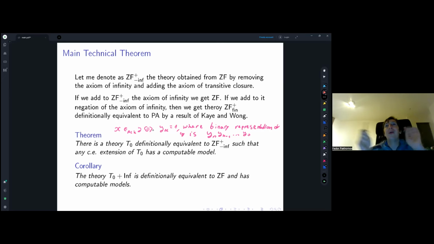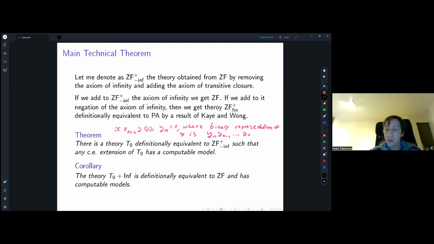But I don't know if one could replace it with some complexity from the levels of the arithmetical hierarchy. I'm almost sure that one can do this, but this is open. That is, find a theory Tn such that for any extension of Tn definitionally equivalent to Σn or Πn, it will have a computable model.